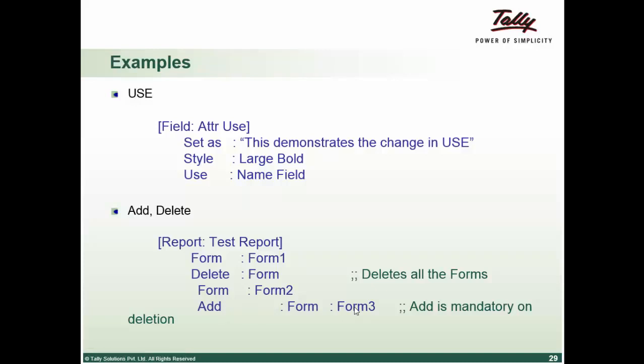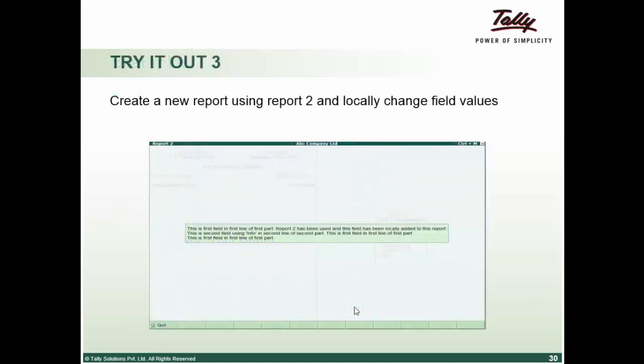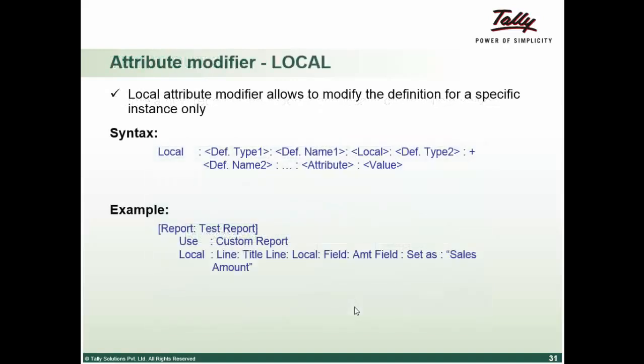So this is how the sequence is maintained by the system. So you can try this out, creating a new report using report 2 and locally changing the field values. And how to use a local attribute modifier is like this. You can simply say use and you can provide the report name and locally change the field value.